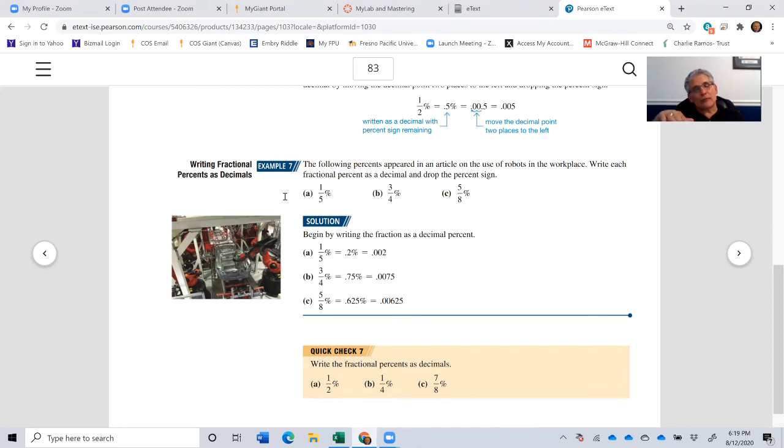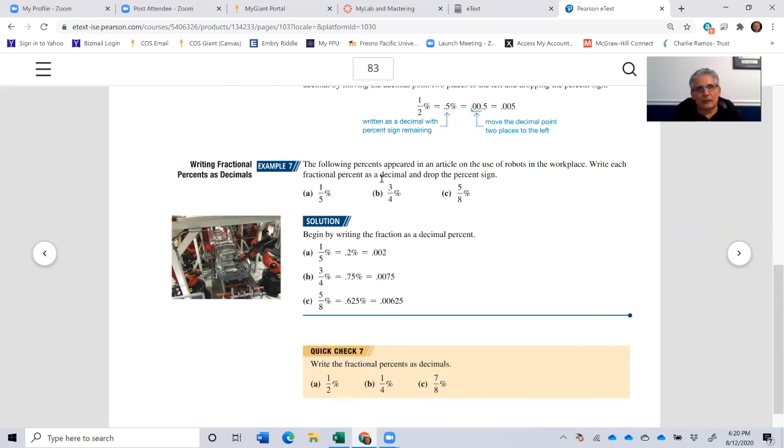Now, if we want to convert that 0.2% to a decimal, we do exactly what we've done before. We slide the decimal point 2 times to the left. So the result is 0.002. 3/4 of a percent, just focus on the 3/4, that's 0.75.